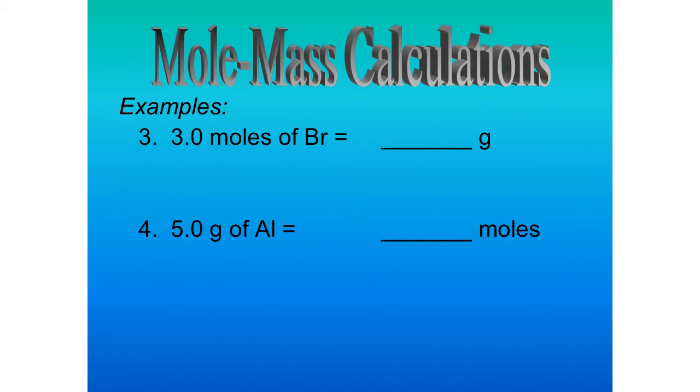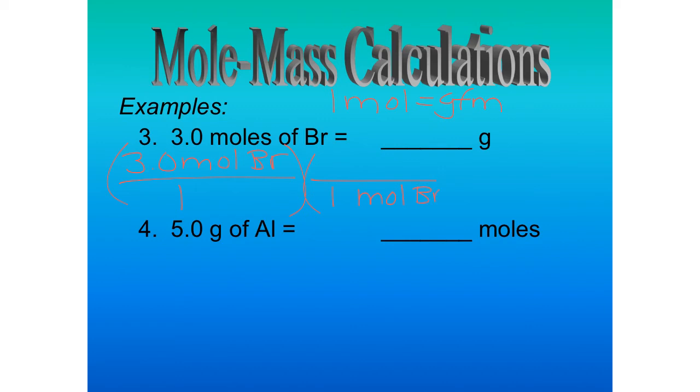In our next conversion, we are given 3 moles of bromine, so we take whatever we're given, put it over 1. We have to cancel out moles. Moles goes in the denominator. 1 always goes with mole because our conversion is 1 mole of the substance is equal to the gram formula mass, which is the mass off the periodic table.